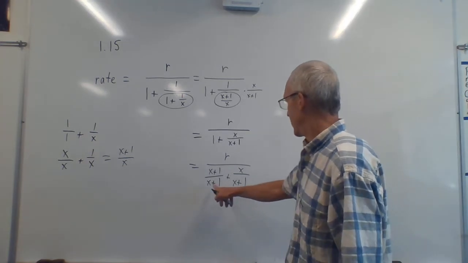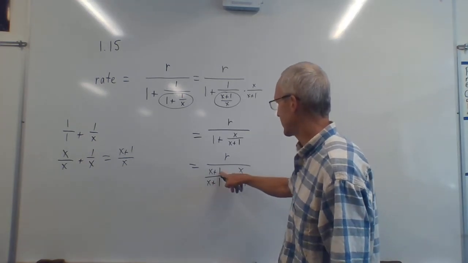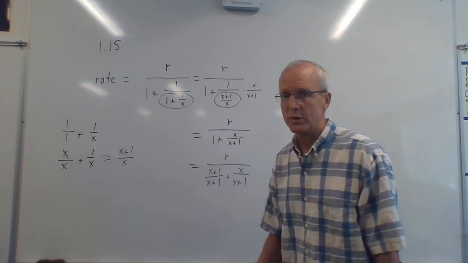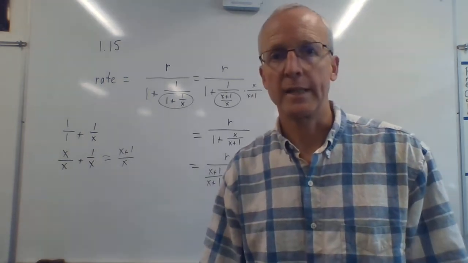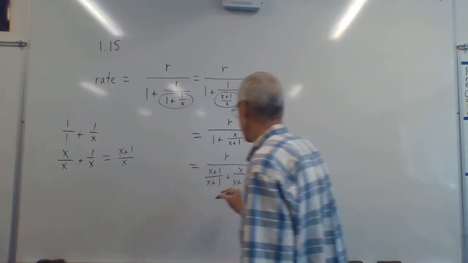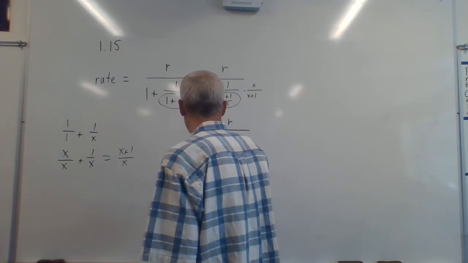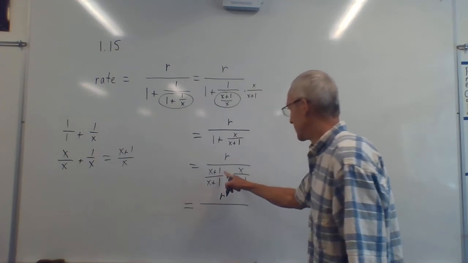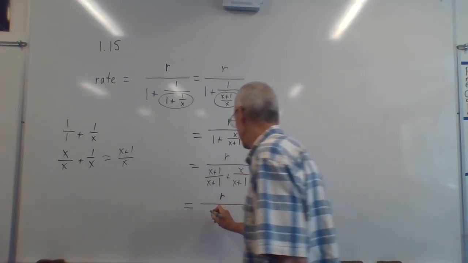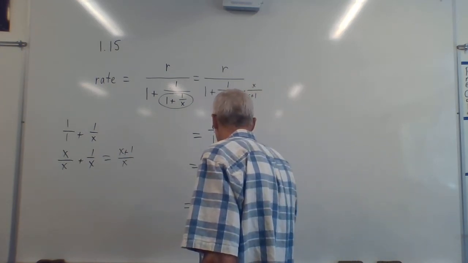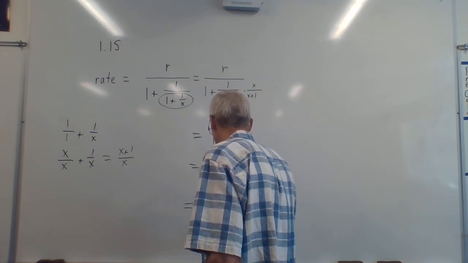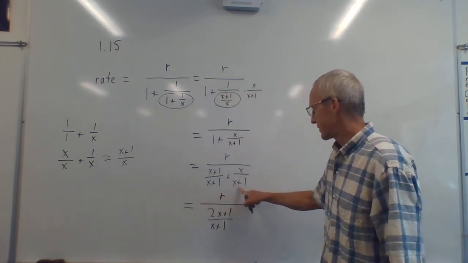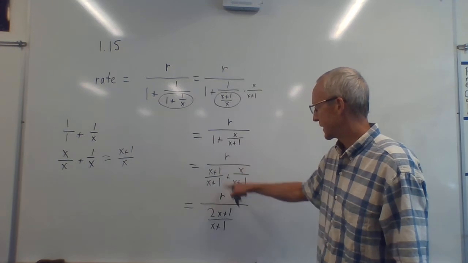The common denominator is x plus 1, so we have x plus 1 plus x, which means we have 2 x's on the top, 2x plus 1 on the top. So this thing now is equal to r over 2x plus 1 over x plus 1. Again, common denominator x plus 1, x plus x is 2x plus 1.